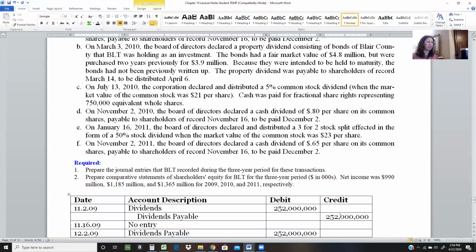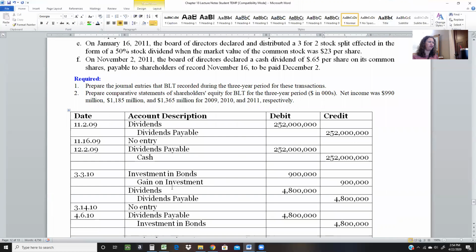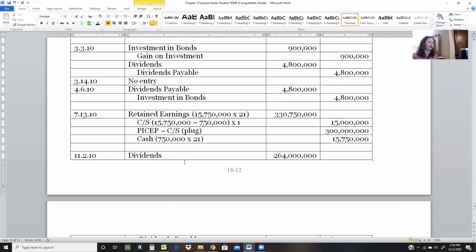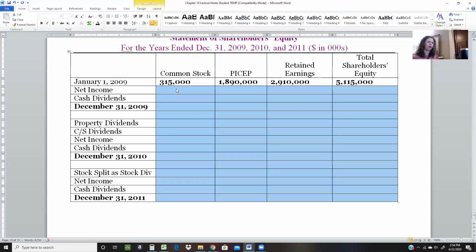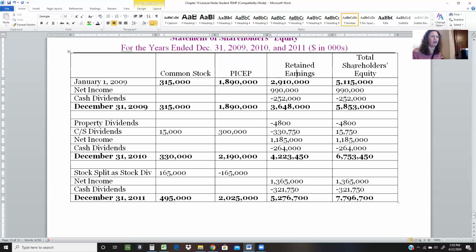All that's left here, I went ahead and included with the solution so you can look through what it would look like if you're paying dividends. Let me fill this in. Basically, this is all of the equity, like a stockholders' equity statement. This is what we started off with, balances in January.